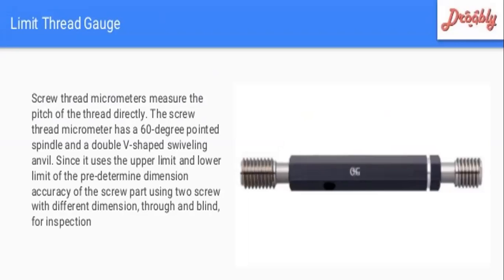And it uses the upper limit and lower limit of the predetermined dimension accuracy of a screw thread using two screws with different dimensions. So we can measure the two screw threads at a time with the different dimensions.